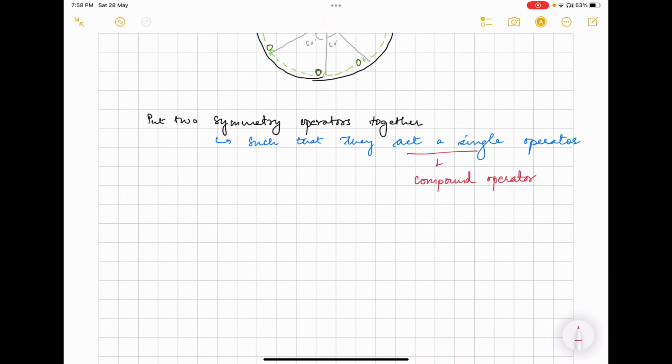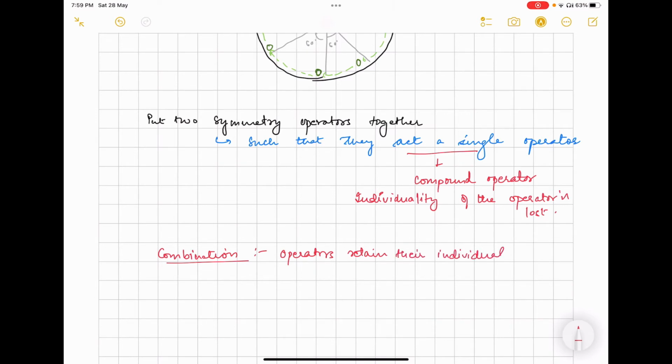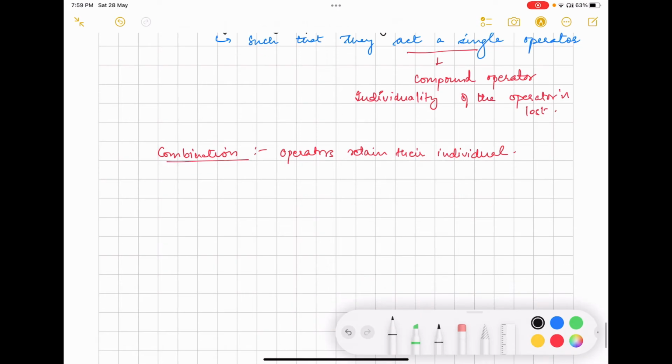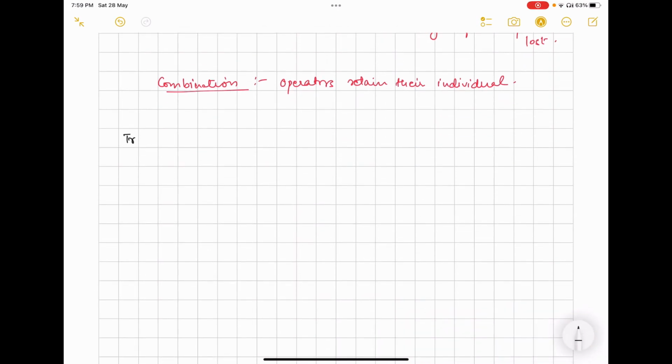Here, the individuality of the operator is lost. But in case of combination, the operators retain their individuality. That is, their individual characteristics are evident during the operation. Let us see the different ways in which they can be combined or made compounds.